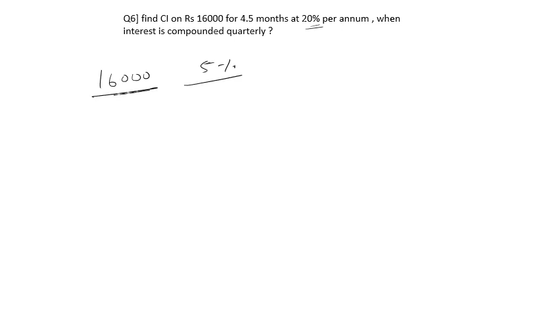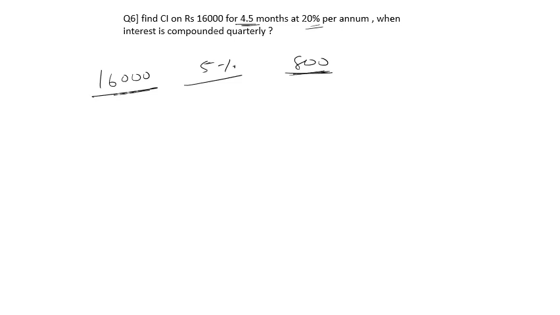I have 4 quarters, but we don't have to find for 1 year. We have to find for 4.5 months. Interest is compounded every 3 months. So first interest will be 5% of 16,000, that is 800. How? 10% is 1600, so 5% will be 800.